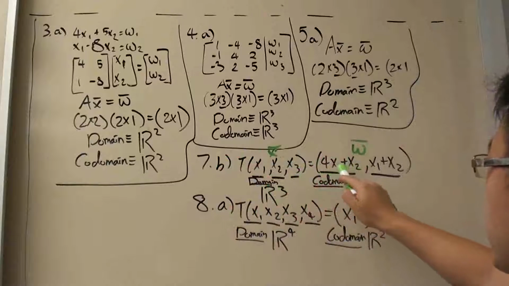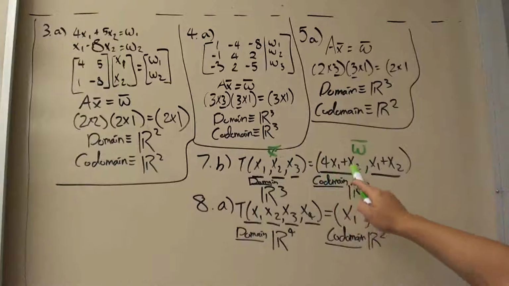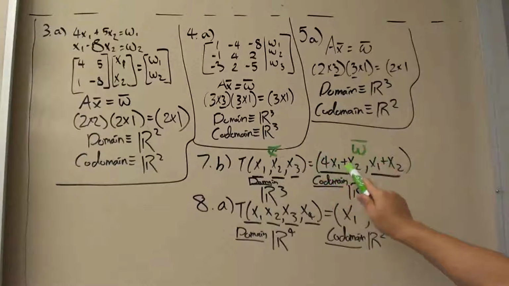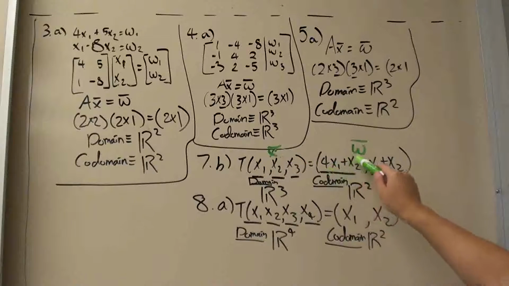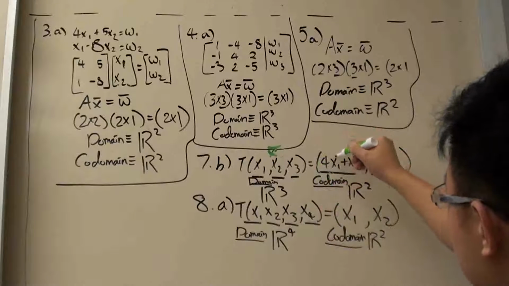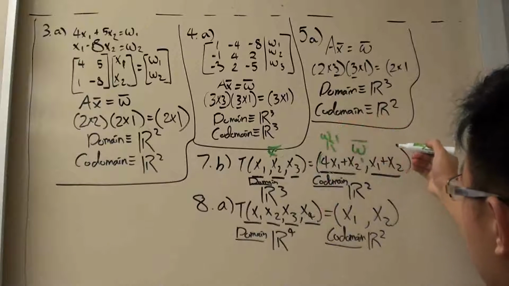Now look at the output, which is the codomain. This is where you have to be careful. I know there's a lot of fancy things going on, but this merely shows you what has happened. You put in the x1, and with these changes, now you're going to have a new output. This whole expression here is going to be w1.